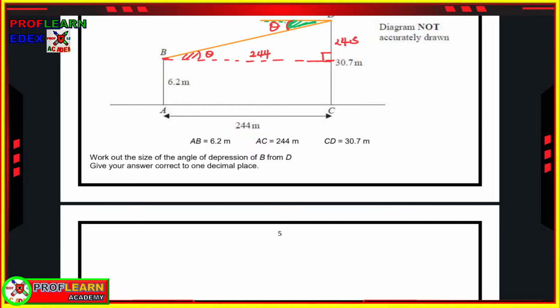So this given point we need to work out using trigonometry. For using trigonometry, we're going to say SOHCAHTOA, and under SOHCAHTOA, we're going to use adjacent and opposite.